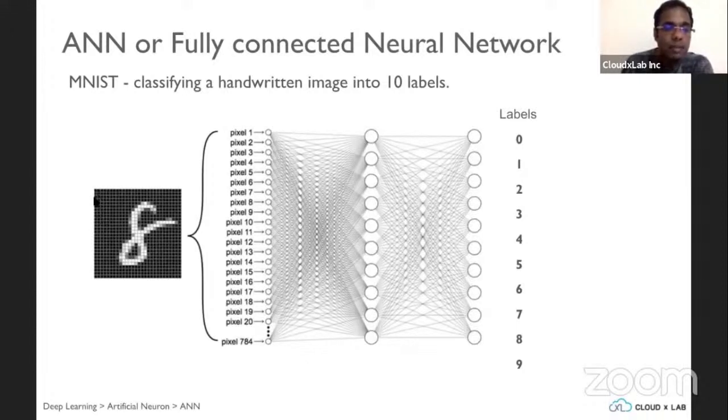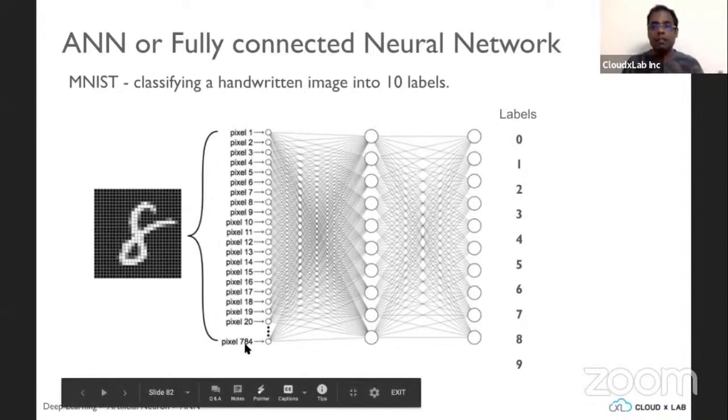An image of 28 by 28 pixels gives 784, so you had 784 inputs per image, and that would be put into this neural network.